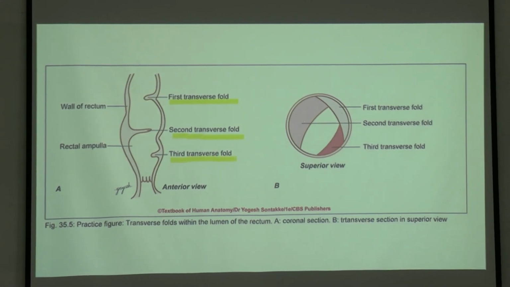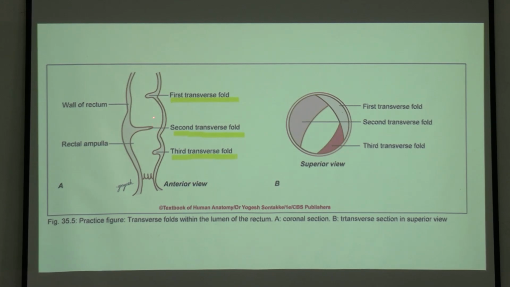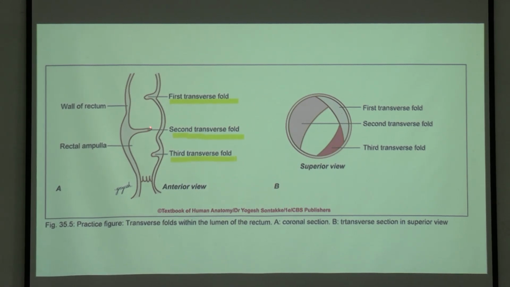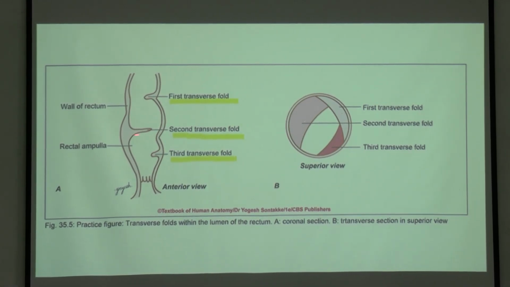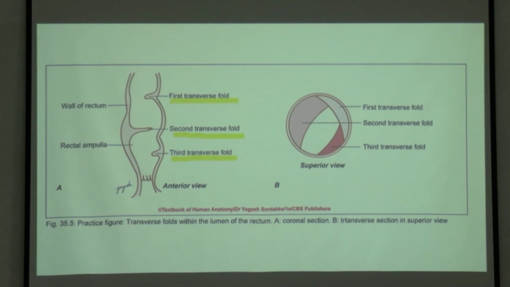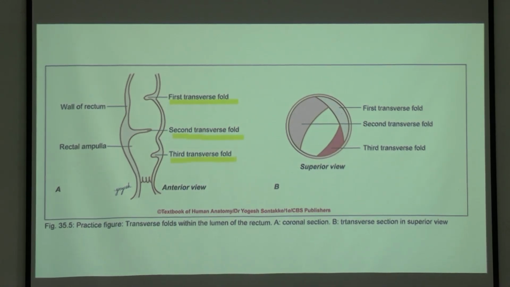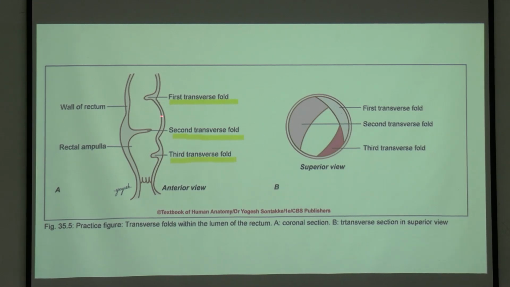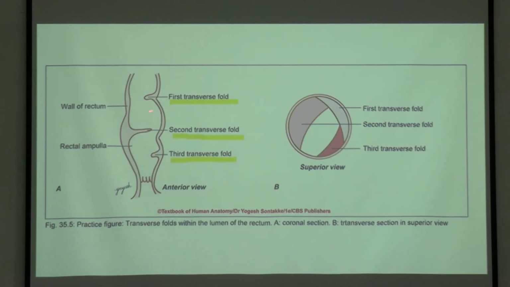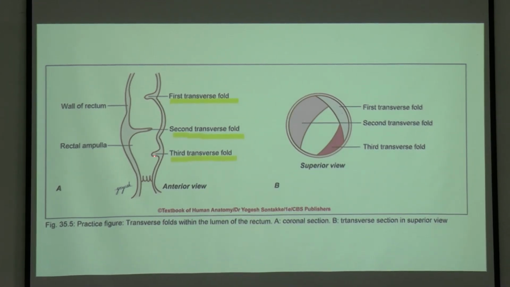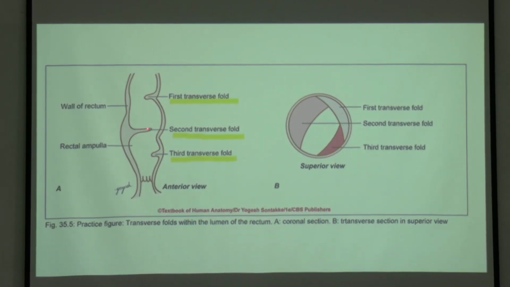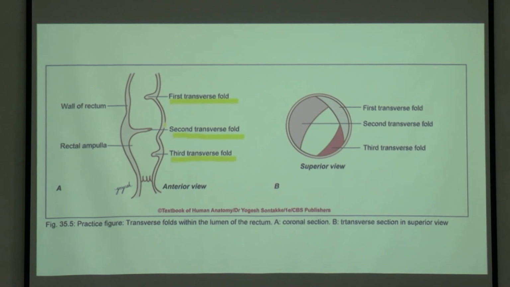Another fold we can get, the third fold, is on the left wall. It is around 2.5 centimeter below the second fold. And sometimes we can get another fourth fold just from here, which is around 2.5 centimeter above the second fold.